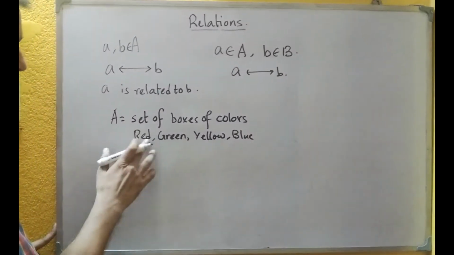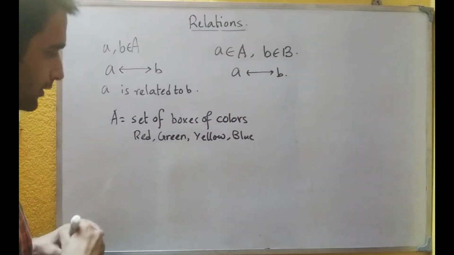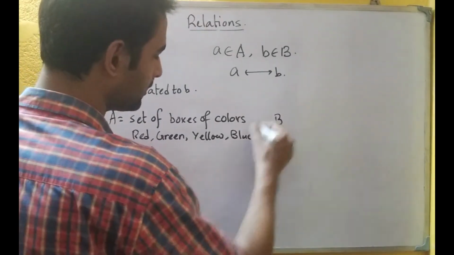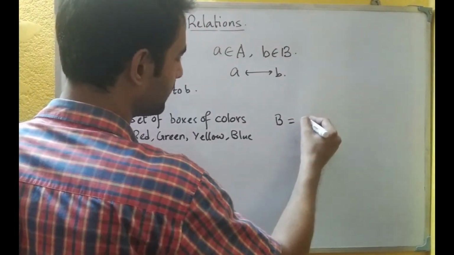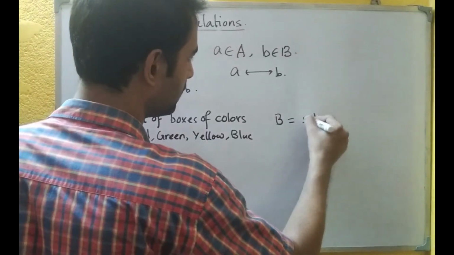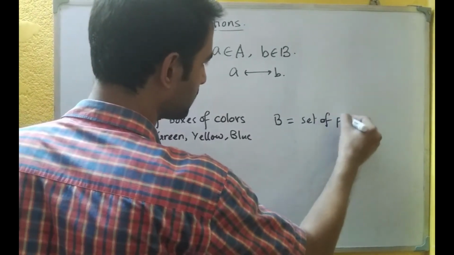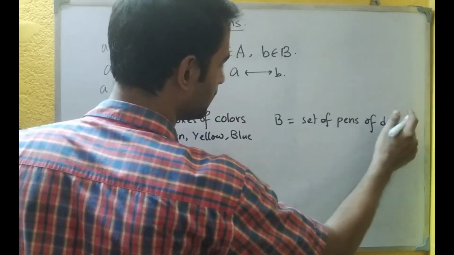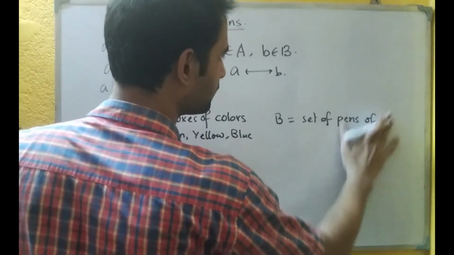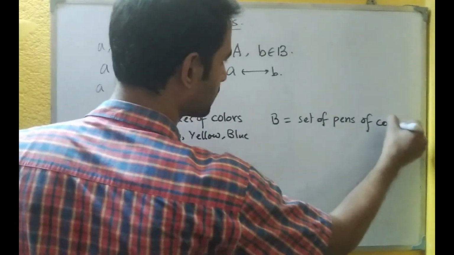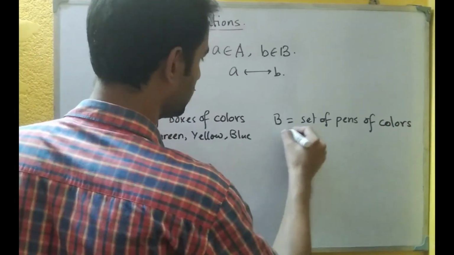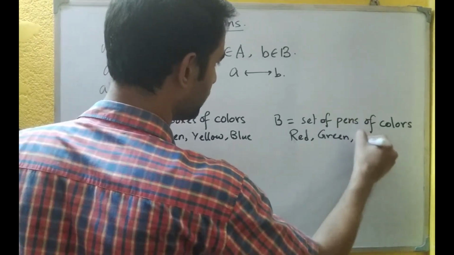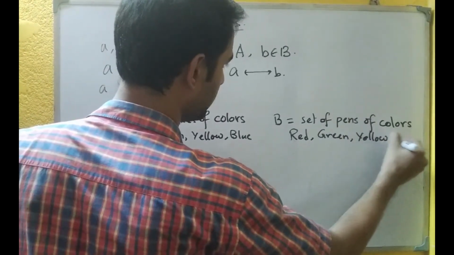This is a set, that means it has 4 boxes of 4 different colors, and B is the set of pens of different colors, of color red, green, yellow and blue.